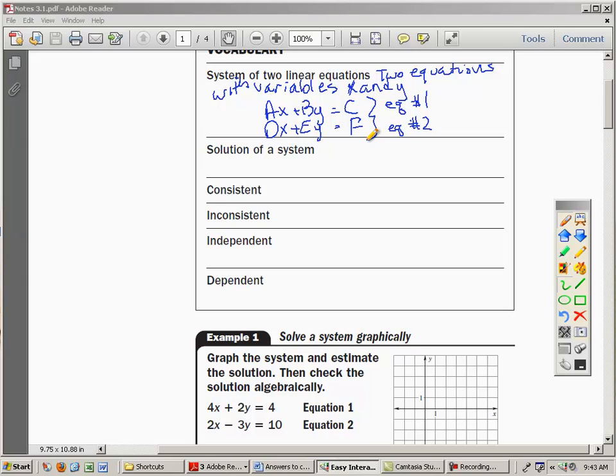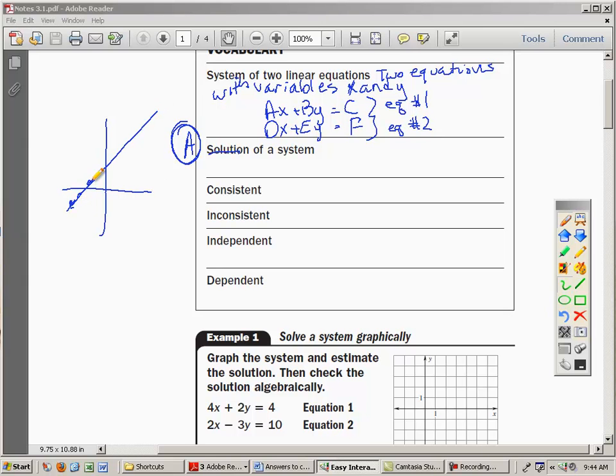Now, I want to put this in front because we want to talk a little bit about a solution of a system. Some systems have lots of solutions, some systems have no solutions. We'll be talking a little bit about those as we go throughout the lesson for today. But really, each line that's graphed has a series of solutions. So here's an example of a line.